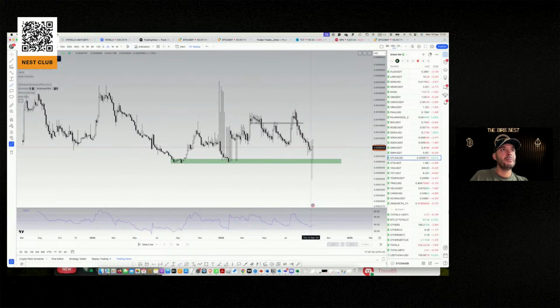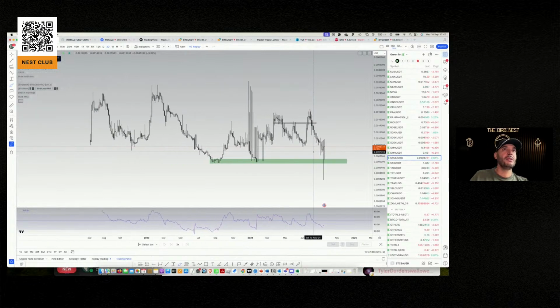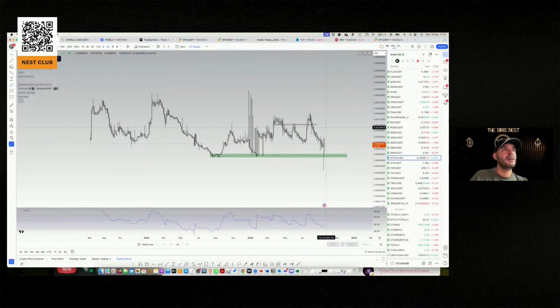Massive dump probably. I don't know. I don't see a really favorable long setup as of now, but at this point, I would rather go long than short. Selling here at support wouldn't make sense at all. Hope this helps a little bit.